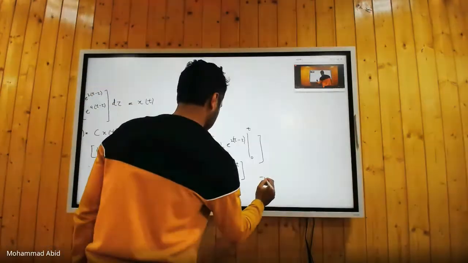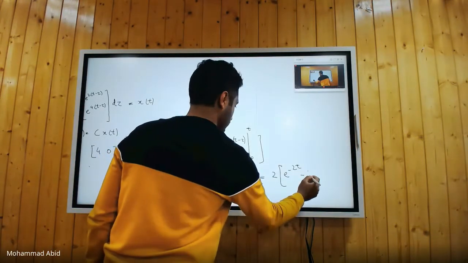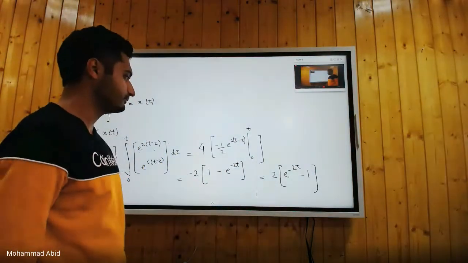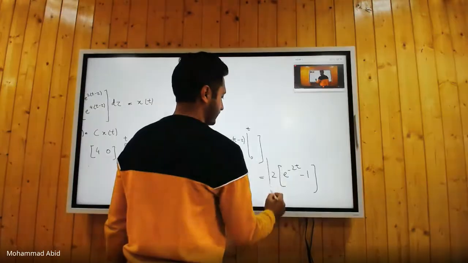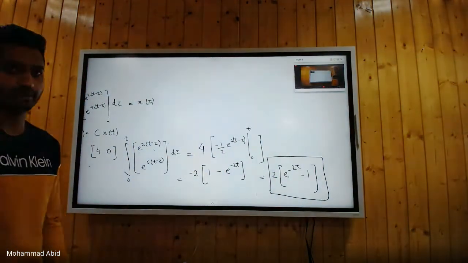Or you can write simply 2 times (e to the power 2t minus 1). I'll just absorb this minus inside. So that's your solution. Any questions on this?